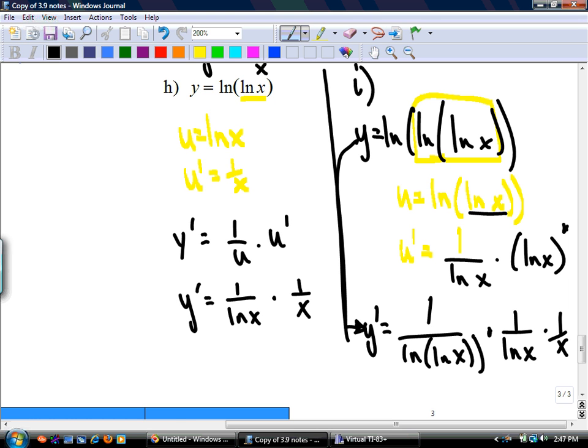So you keep on drilling in until the ln's are all gone. I did leave the inside alone. That's this box. Leave the inside alone, and then take the derivative of that. That's 1 over this times the derivative. Take the derivative of that. The derivative of ln of x, yeah. I'll leave you to think about that one.